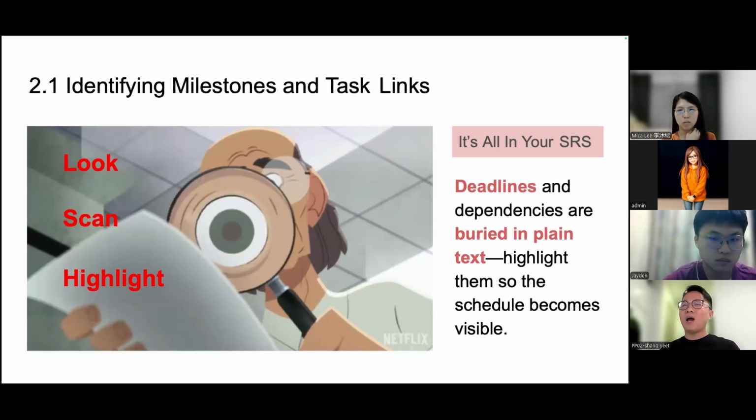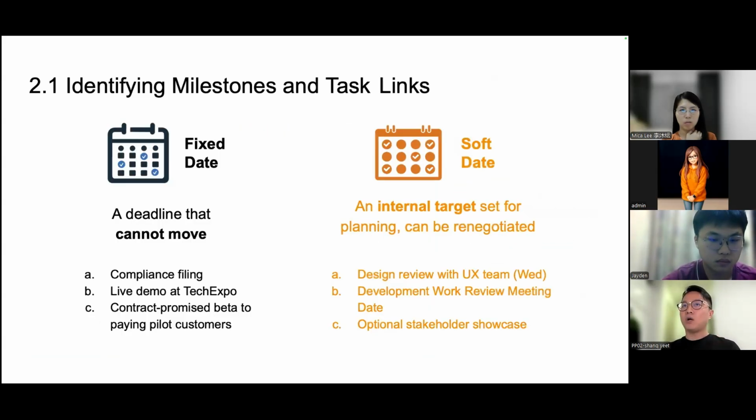Because hard dates, which I'm going to talk about here, are also equivalent to fixed dates, and they are very important to follow through. And why? Because some of the dates written or at least mentioned inside your contract or in the SRS are likely important for compliance matters. Otherwise, it would be some kind of promise to customers or some kind of commitment, for example, an expo where you have to present the product and show a demo.